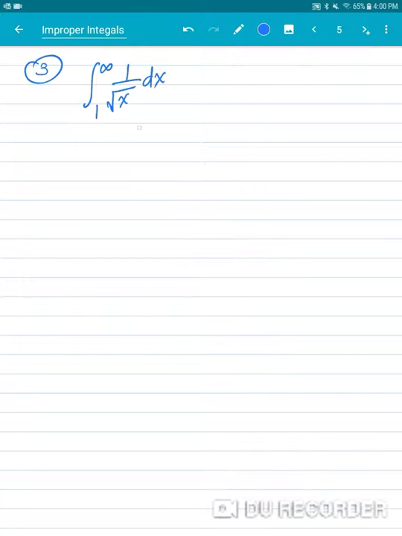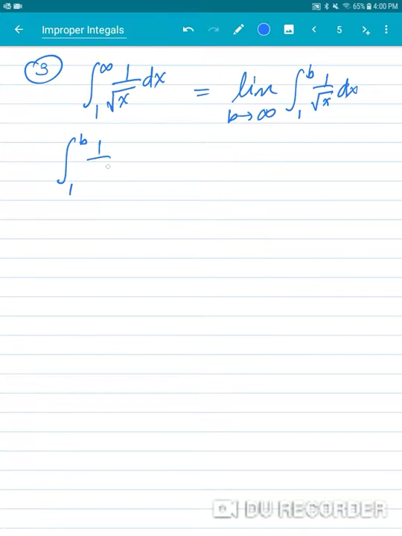All right, so this is actually the limit as b goes to infinity of the integral from 1 to b of 1 over square root of x dx. So let's calculate. This is the integral from 1 to b of x to the minus 1/2 dx. I just changed it to power form so you can integrate.